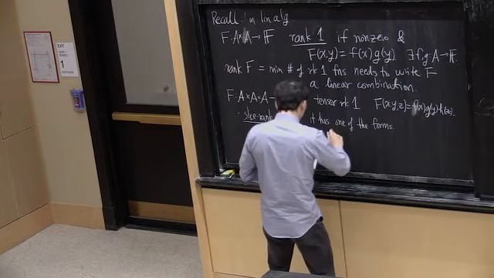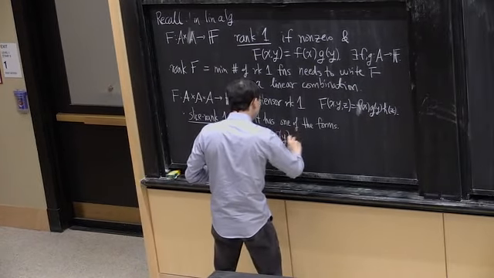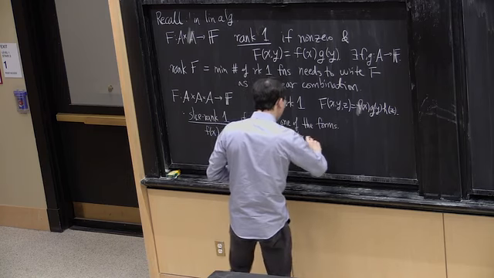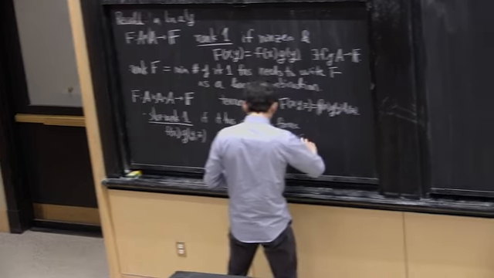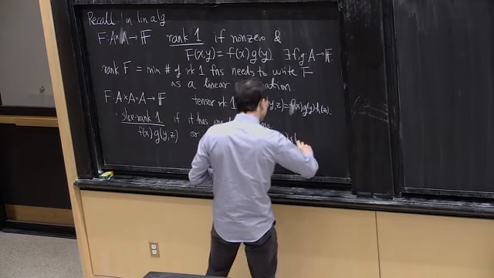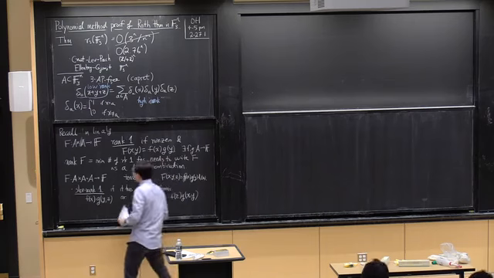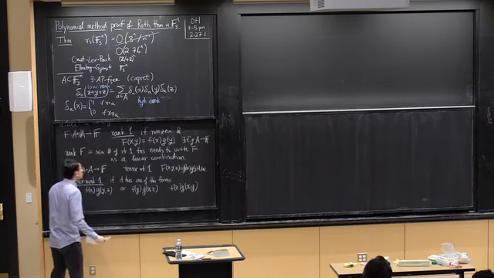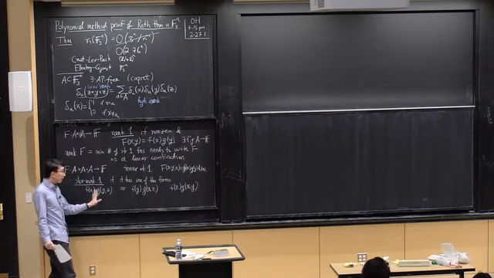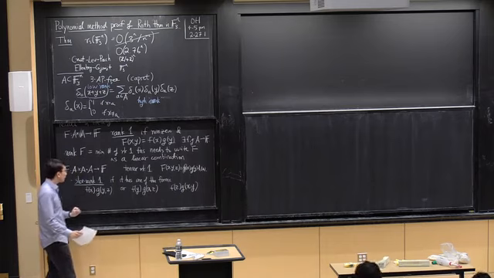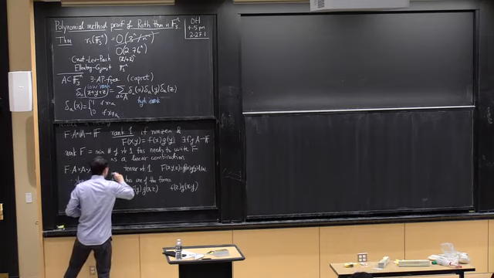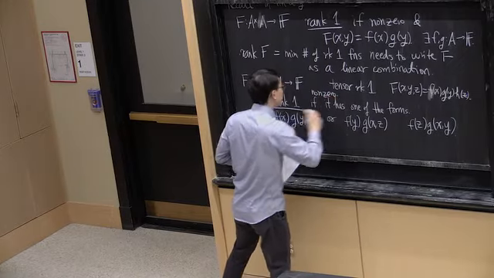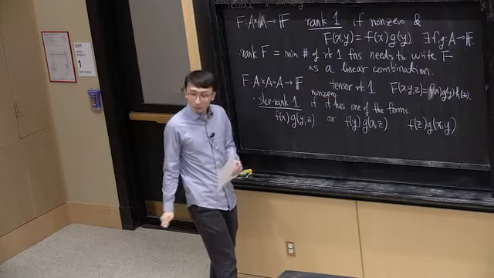But this definition should also be symmetric in the variables, so the other combinations are okay as well. So this is the definition of slice rank 1, and also if non-zero. So if it's non-zero and can be written in one of these forms.